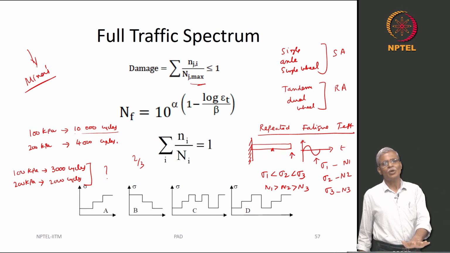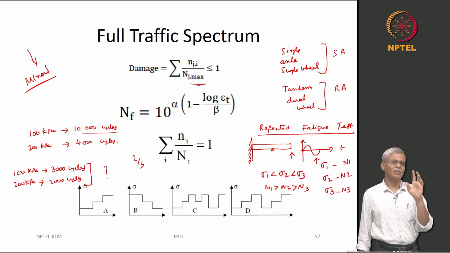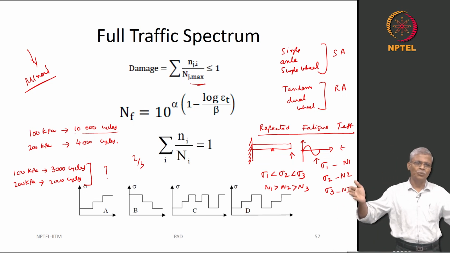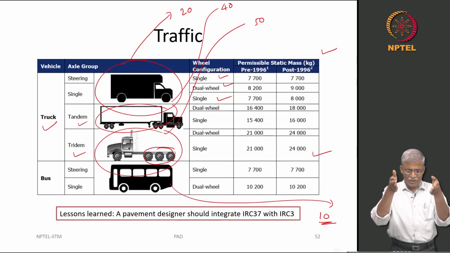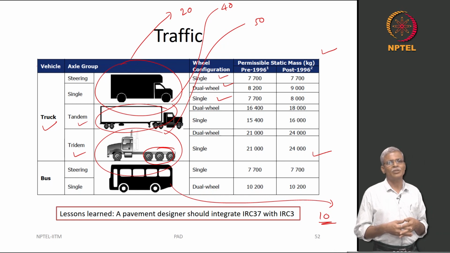The South Africans also do it in a slightly different way. Instead of trying to do it in terms of a load equivalency factor, what they actually do, take your full truck, whatever is the truck that you see. Okay. So, this is what you are doing. So, let us take that simple truck that you see, the first one.